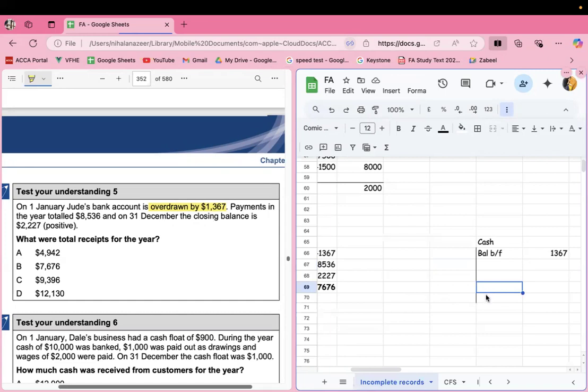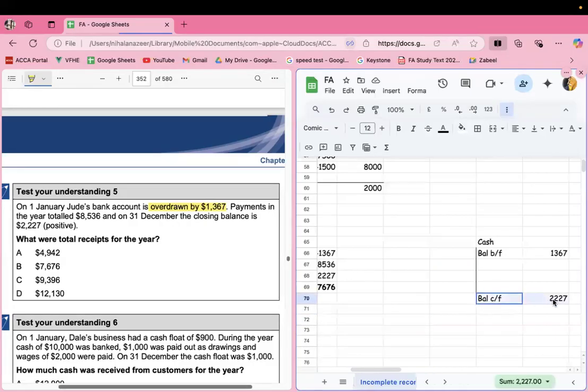Now, balance carried forward, they have said that it is a positive balance. So you can't take it on the debit side. The balance carried forward would be here, since it is a positive balance.